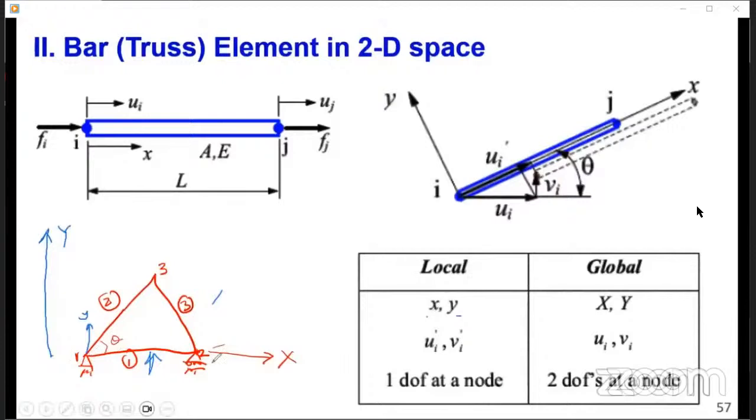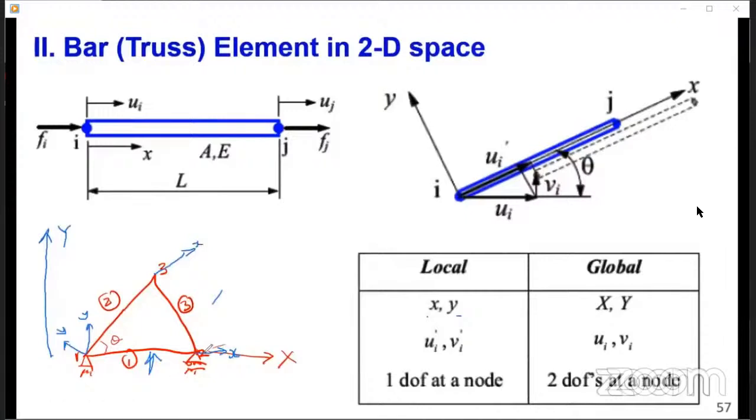Now, when you look at element two, it has its own orientation, its own coordinates in this direction, small x, small y. You can see that all the elements, even element three, will have their own coordinate system.